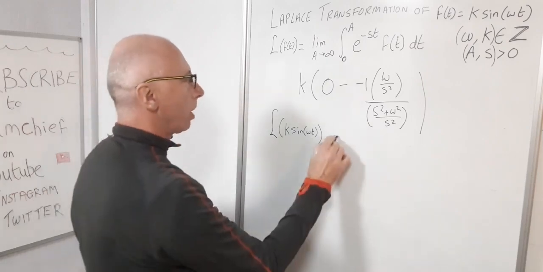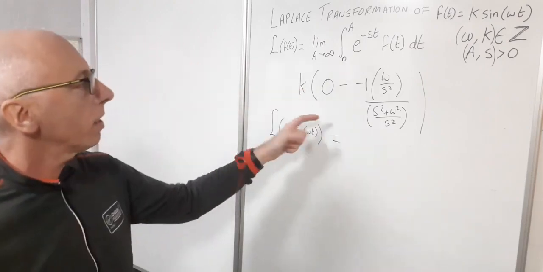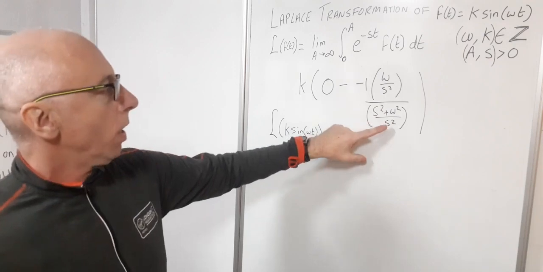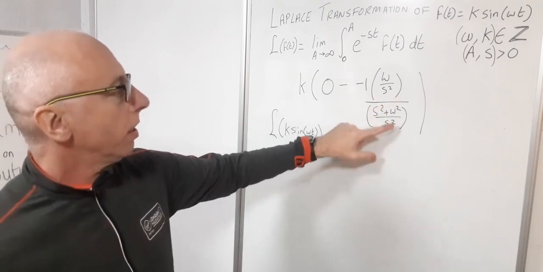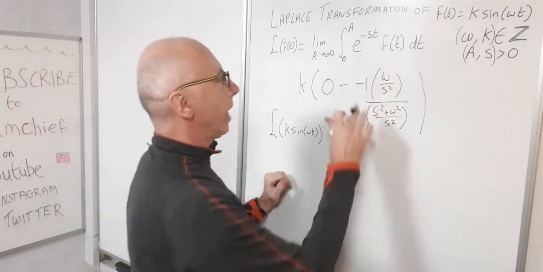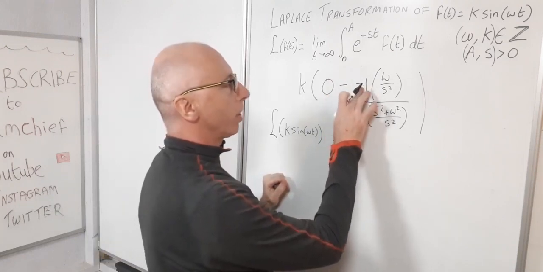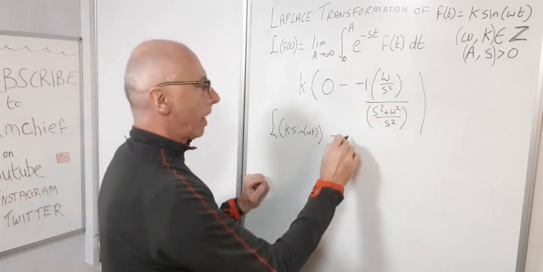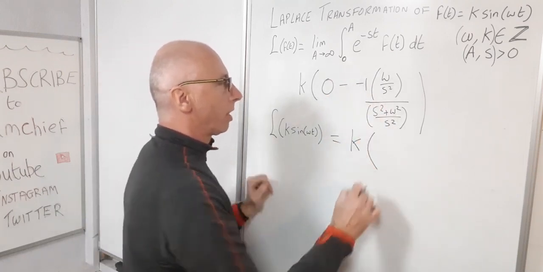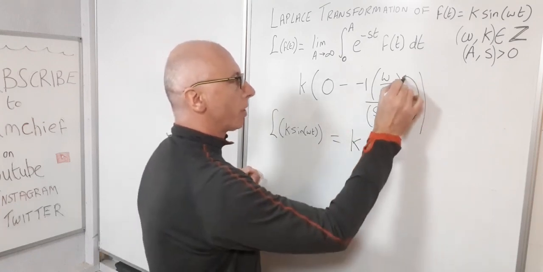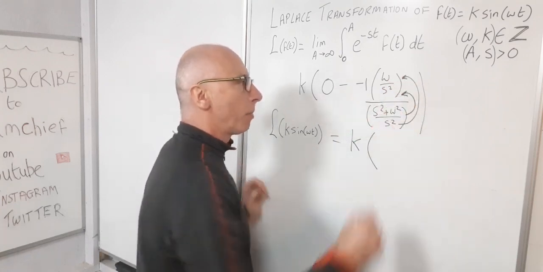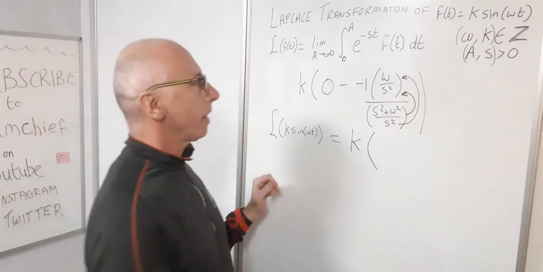That equals, now this, if we can tidy it up, well, we could bring this s squared up to the top and use the minus sign here to turn into a positive sign. So now we've got k times, let's bring this one up to the top and then bring this one to the bottom of that one. So now we can get this simplified out.